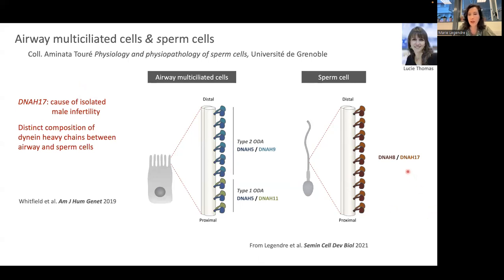We have shown that, in fact, this protein, together with another one, are the outer dynein arms only in sperm cell flagella, but they're absent from airway cilia. And conversely, DNAH5 and DNAH11 are, of course, in the airway cilia, but absent from the sperm cells, which may explain why some male patients had babies without the use of IVF.